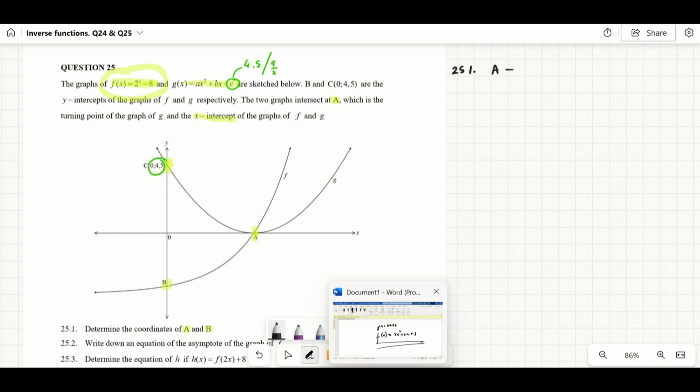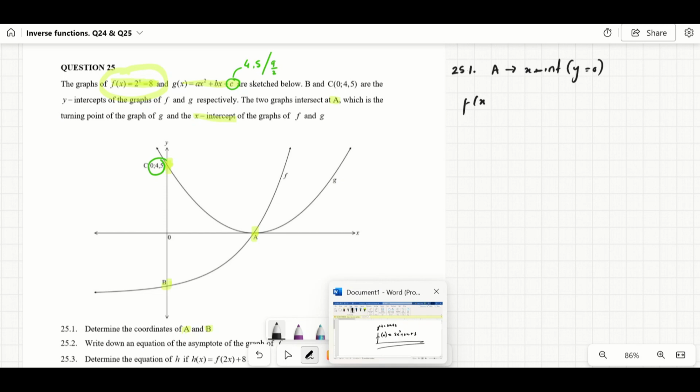According to our statement, A is the turning point of the graph of g and an x-intercept of the graphs of f and g. So I'm going to take A as the x-intercept of f, whereby y is equal to 0. We must solve for x when y is 0.